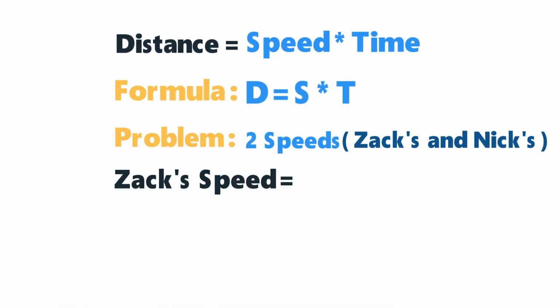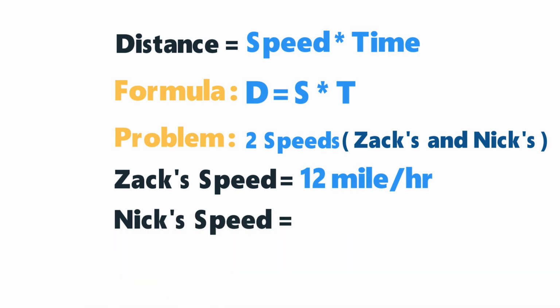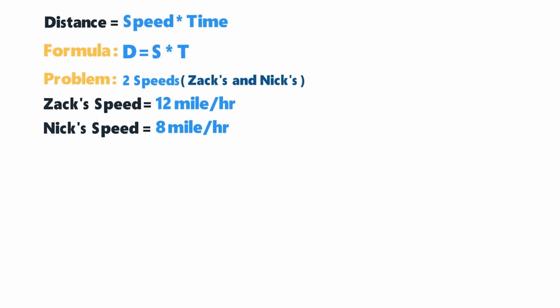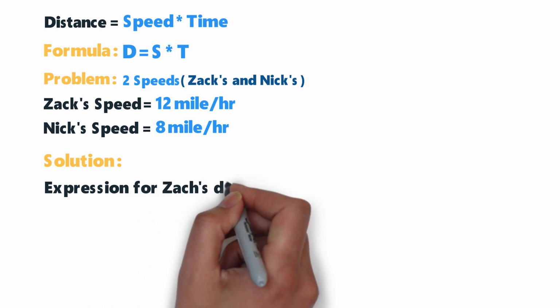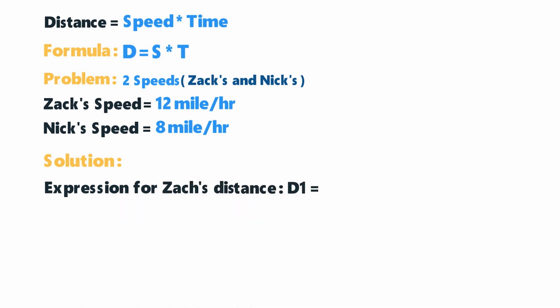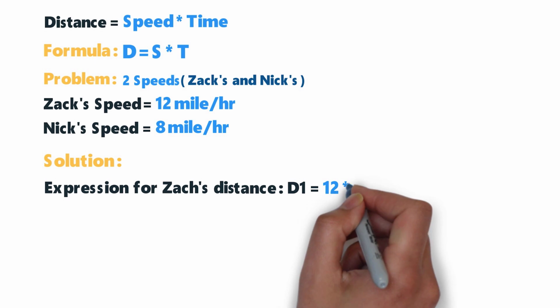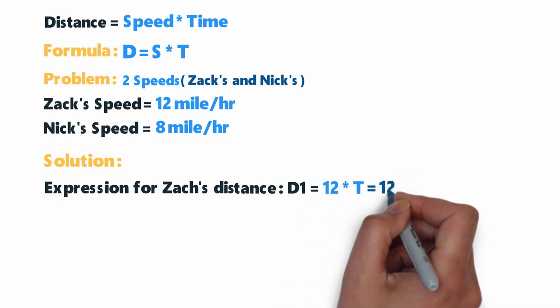So Zach is moving at the speed of 12 miles per hour and Nick is moving at the speed of 8 miles per hour. It is still solvable, but it means that we would need to build 2 expressions instead of 1. So expression for Zach's distance is d1, which is Zach's distance, equal 12 multiplied by t equals 12t.